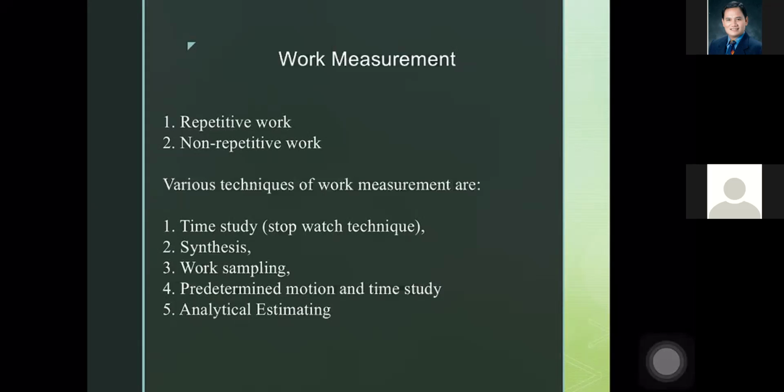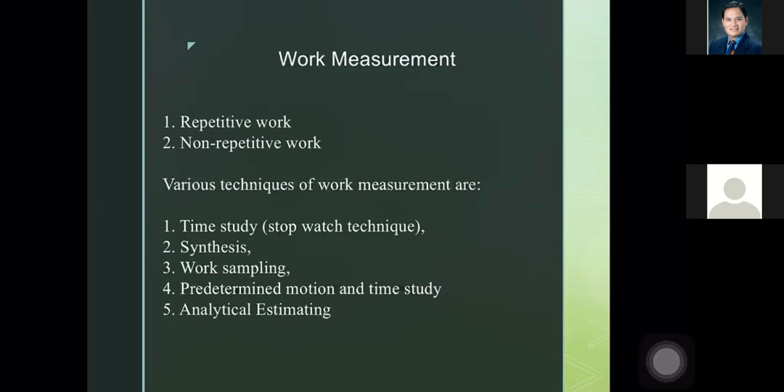And work sampling. This is a technique in which a large number of observations are made over a period of time of one or a group of machines, processes or workers. Fourth, predetermined motion and time study. A work measurement technique whereby times established for basic human motions, classified according to the nature of the motion and conditions under which it is made, are used to build up the time for a job at a defined level of performance.